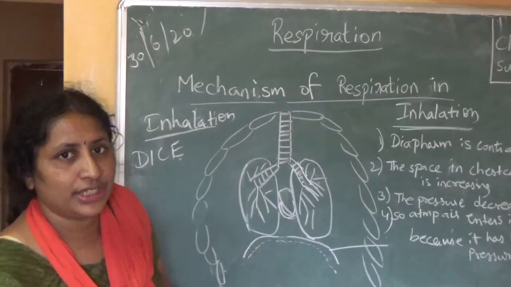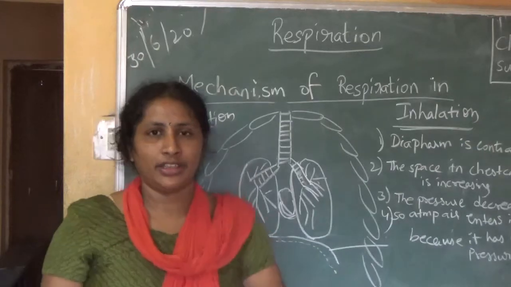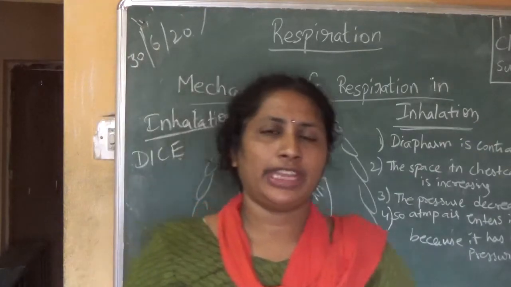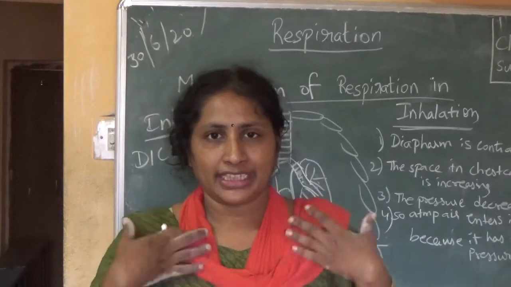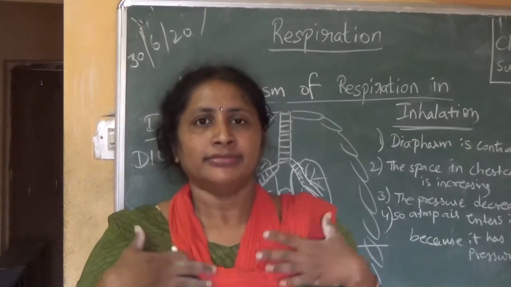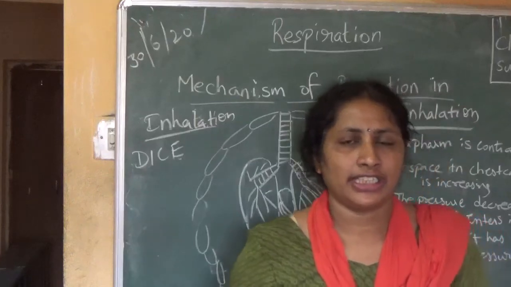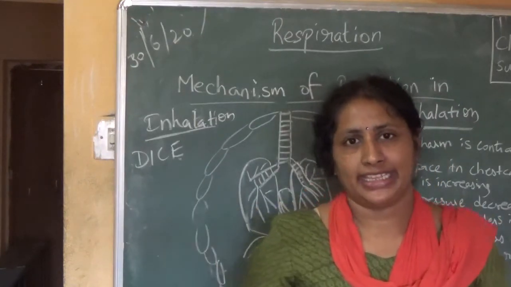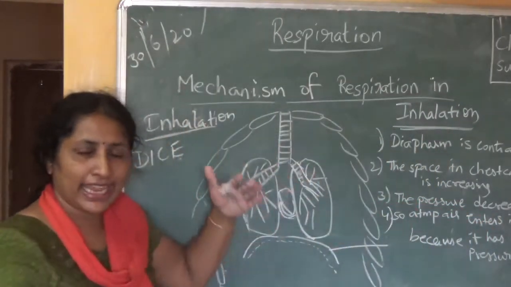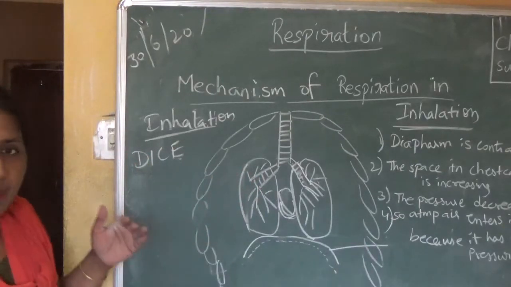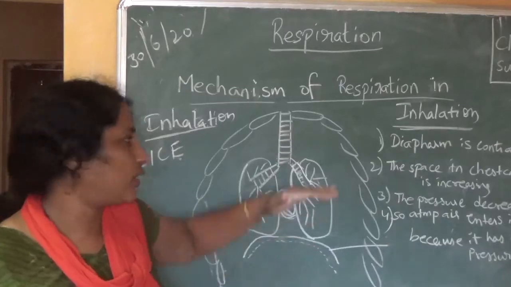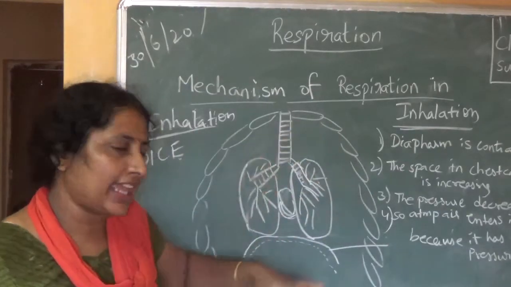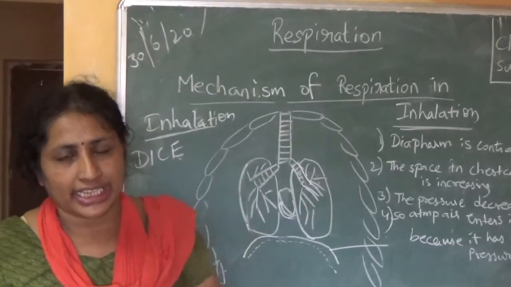Diaphragm contracts during inhalation. When you are taking air, your chest cavity will expand. If you do like this, your chest cavity is expanding. Means the space is increasing. If the space is increasing, the pressure in the lungs and the surrounding area also decreases.